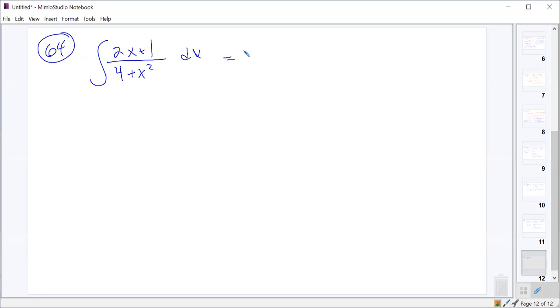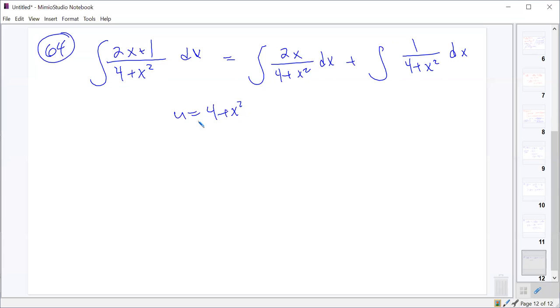So we could rewrite this as 2x over 4 plus x squared plus 1 over 4 plus x squared, and just deal with each piece of that separately. So for the first part, we're going to let u equal 4 plus x squared. du will be 2x dx.